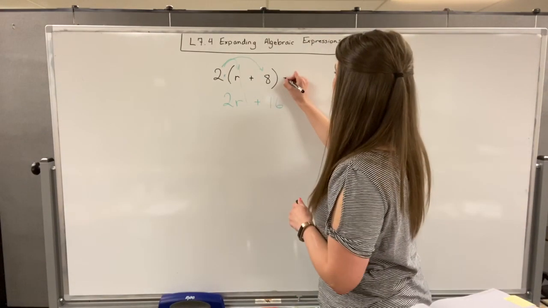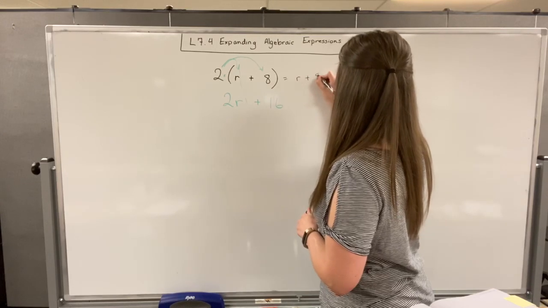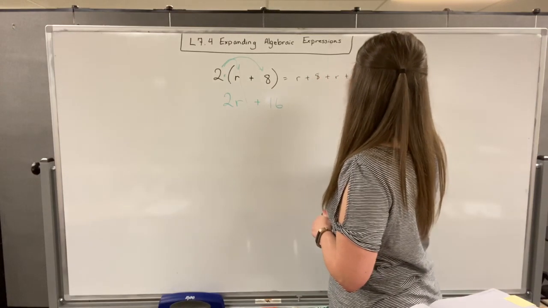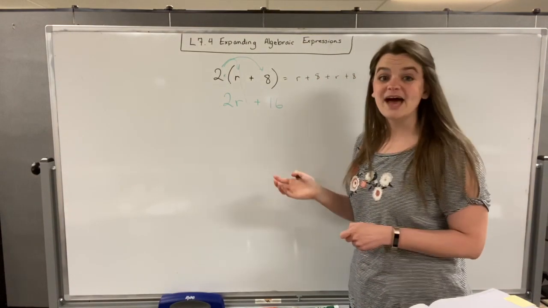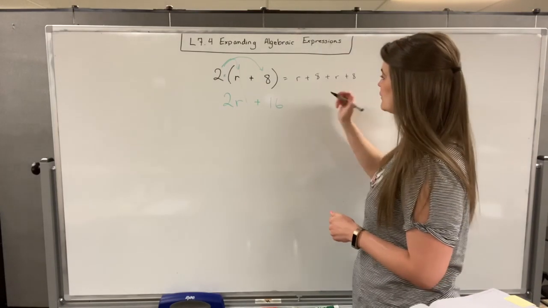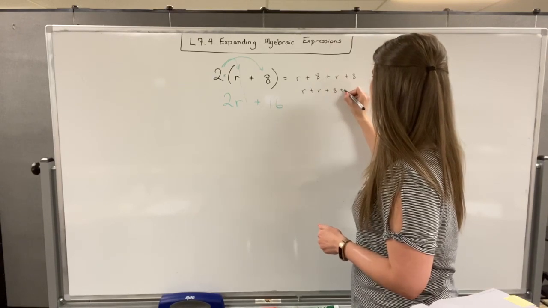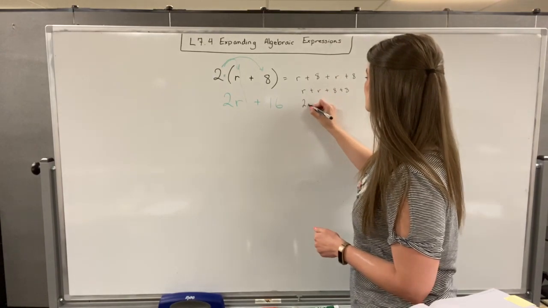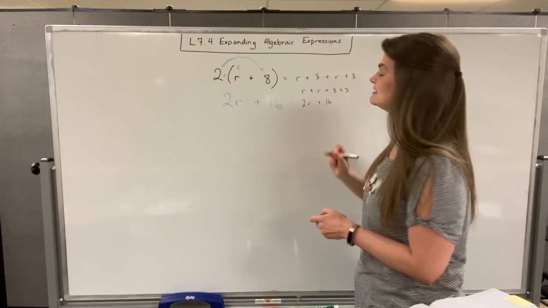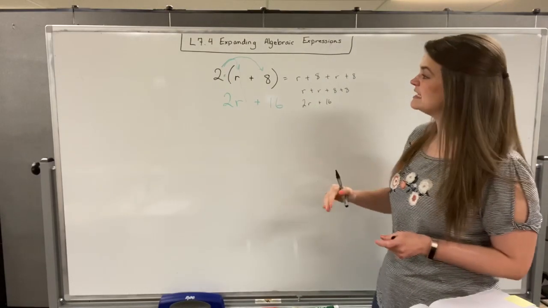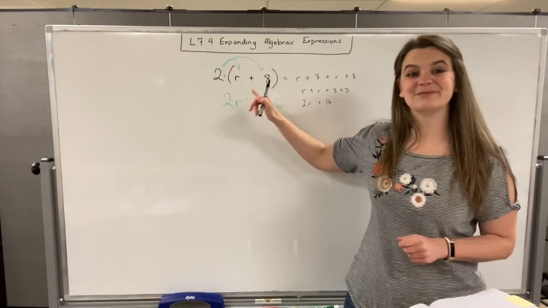This is equivalent to R plus 8 plus R plus 8. Which we know we can simplify by reordering it, R plus R plus 8 plus 8, which equals 2R plus 16, right? So this simply means 2 groups of R plus 8.